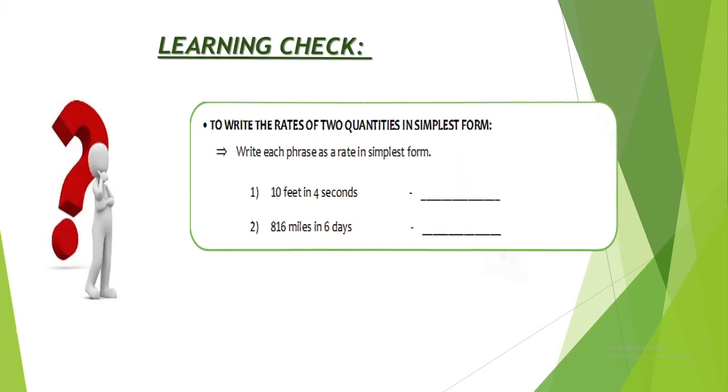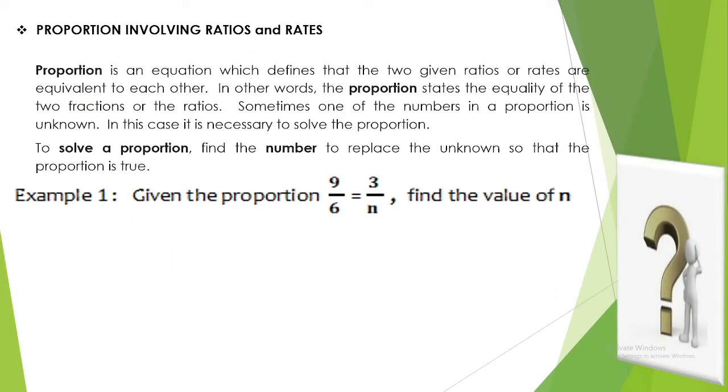Now let's proceed with this one. What if you're given a proportion wherein one number is missing, either the numerator or the denominator? It can still be solved. So how do we do this?